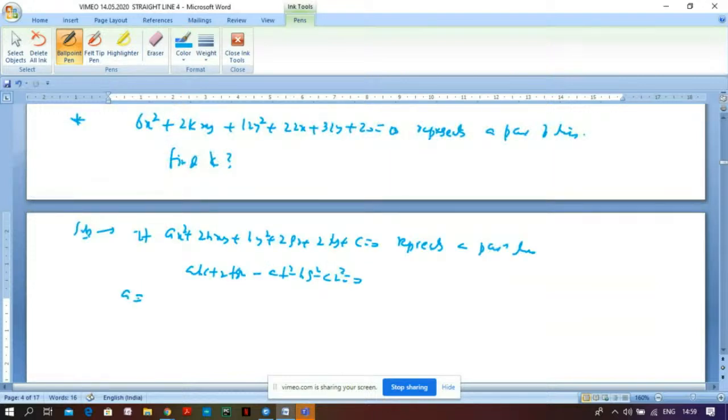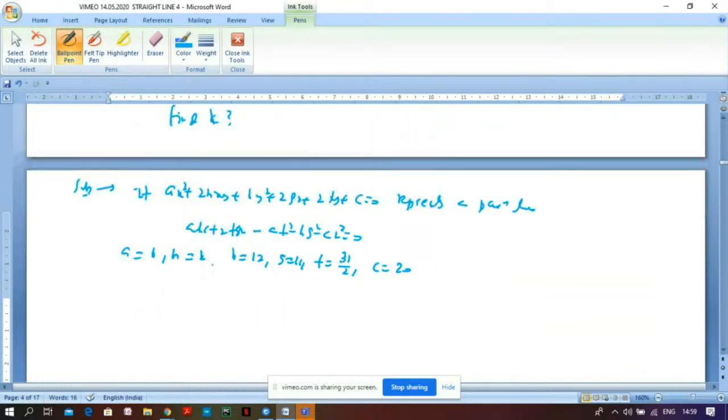So let's choose the coefficients. The coefficients here are not very good. So a equals 6, h is nothing but this k given, b is 12, g is 11, f is 31 over 2, and c is 20.